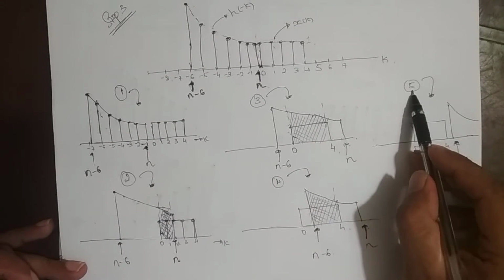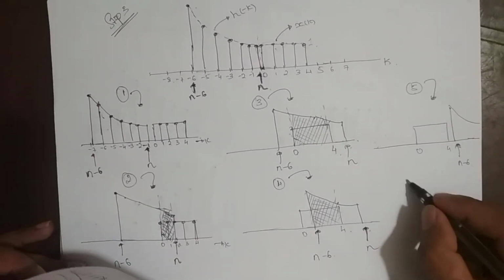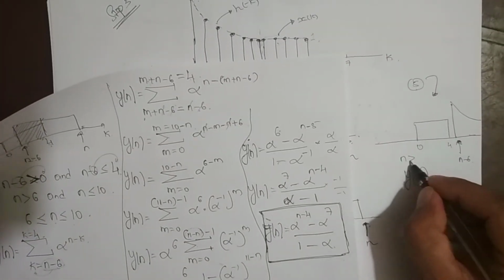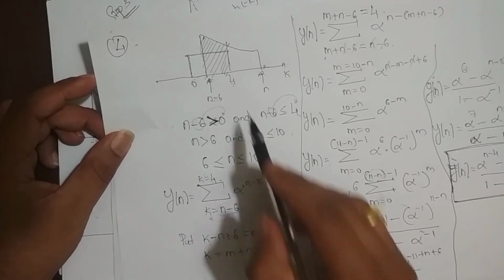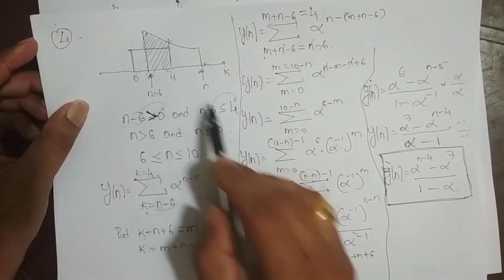Okay, now what about case 5? Now case 5, when I move it right further, y of n is 0. So for case 5, for n minus 6 less than or equal to 4, I have included 4 here.